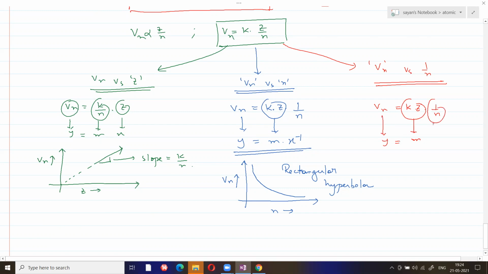So y equals to mx. Straight line crossing through origin where slope is kz. Okay.